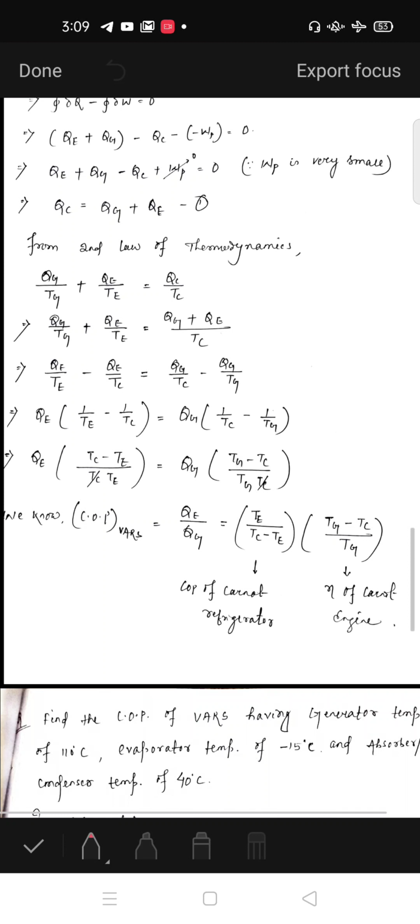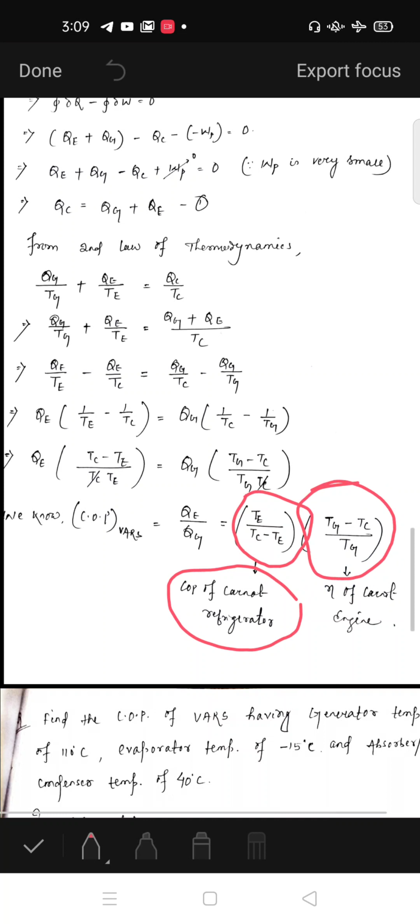So this term is your COP of Carnot refrigerator, and this term is your efficiency of Carnot engine. So it is the product of COP of Carnot refrigerator and efficiency of Carnot engine. Okay, you can remember in this way.